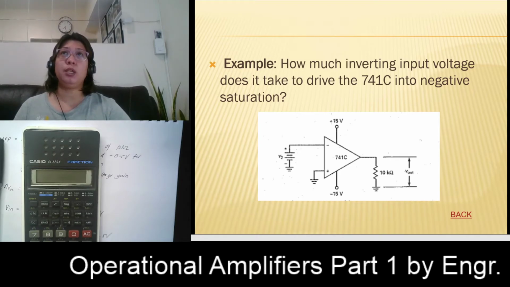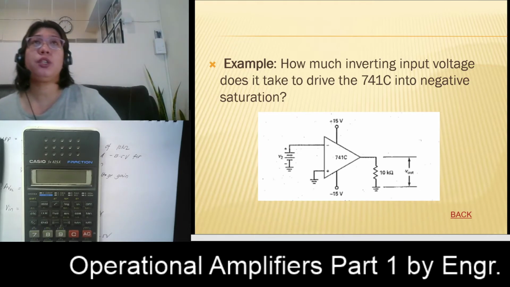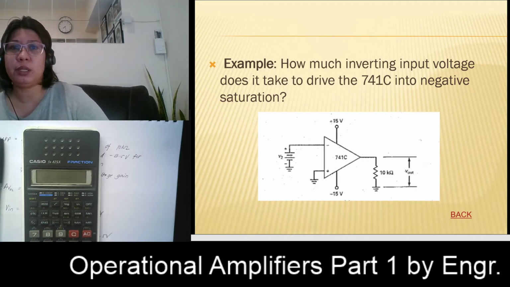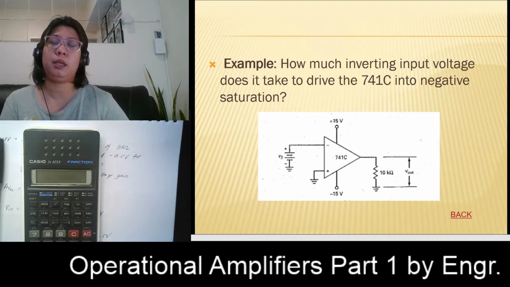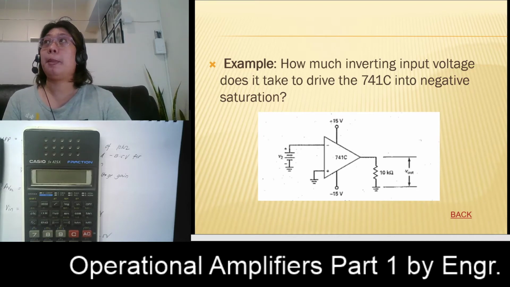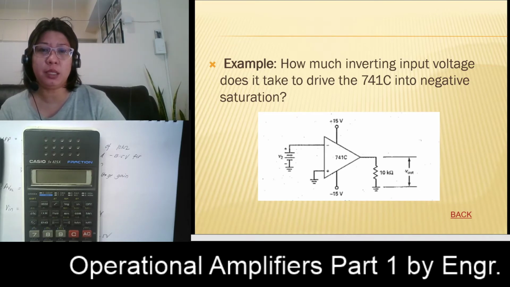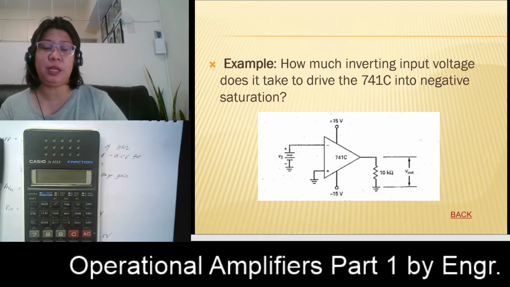It says here, how much inverting input voltage does it take to drive your 741C into negative saturation? So what do we mean by negative saturation? That means it is negative 15 volts.